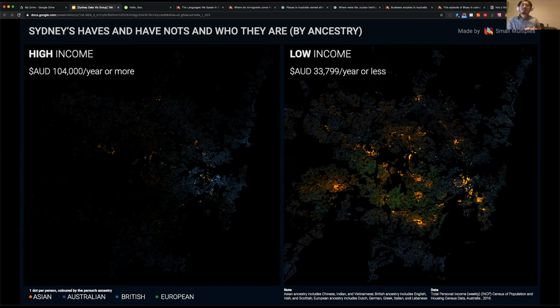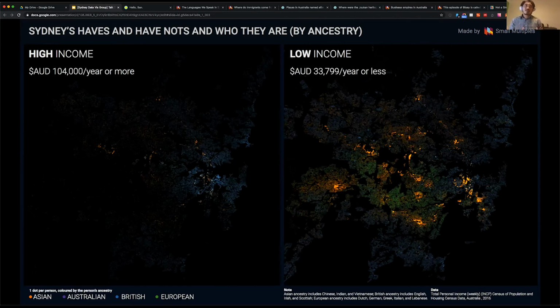But being Asian Australian myself, I know that's not true. So I went out to show this using data from the Australian Bureau of Statistics, census data, because they have data about how much people make per week and where those people's residences are.